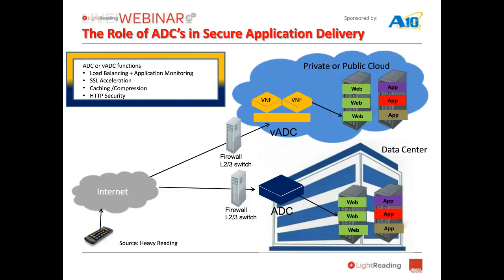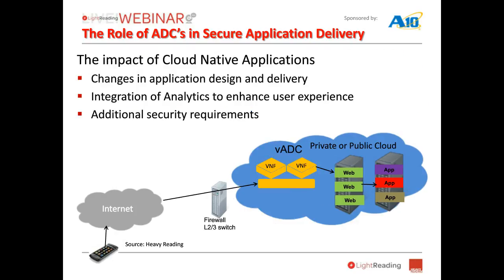I do want to talk about the cloud model first a little bit more, because that's obviously the focus of today's presentation. As I said, there are a couple of factors that I see that are reshaping the role of ADCs, moving beyond the basic functions that I've described. The first is the nature of the applications themselves. Applications fundamentally change in the cloud model.